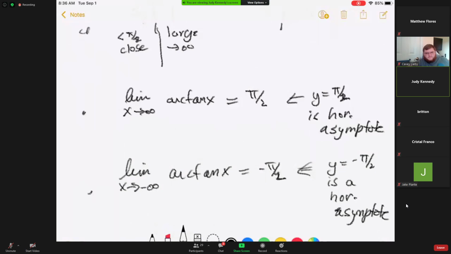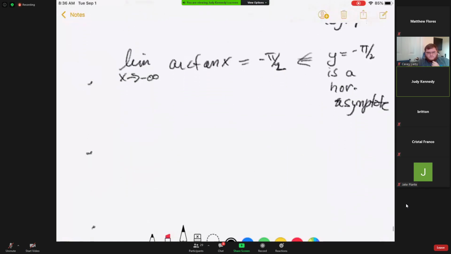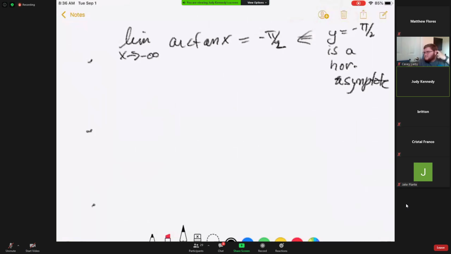Actually, it turns out with cotangent and tangent and arctangent and arccotangent, we're not really going to need both of them. But you have no idea whether that's true now. Okay, so let's just see. I'm going to talk in a lot more detail about the inverse trig functions later.